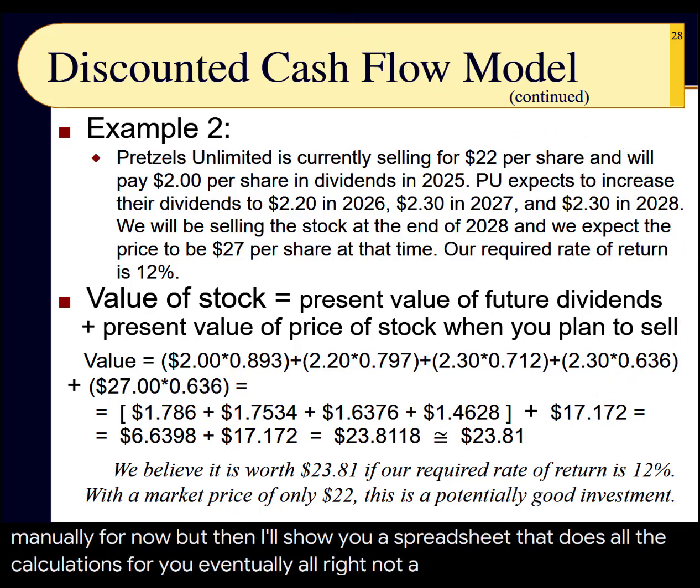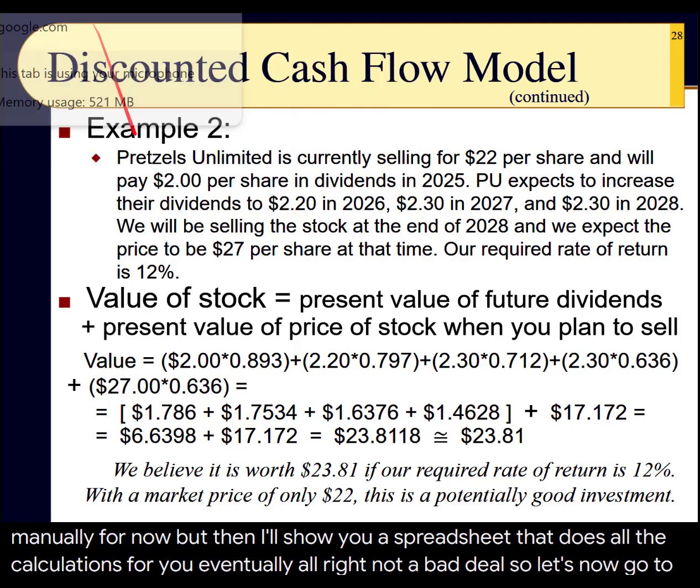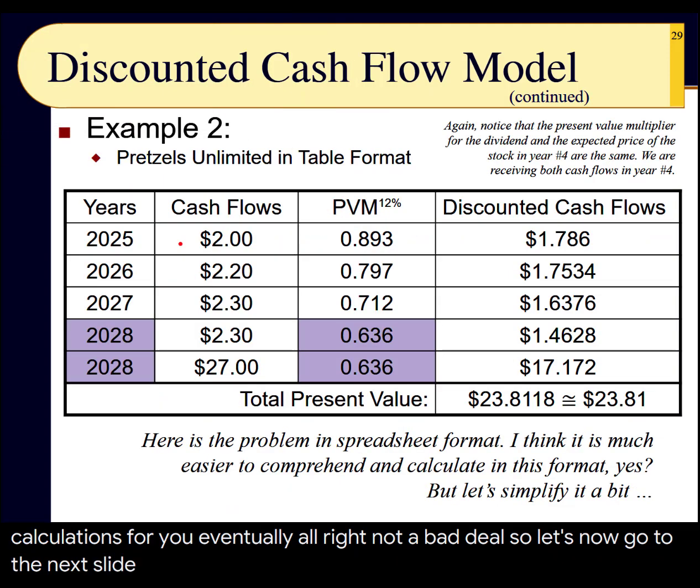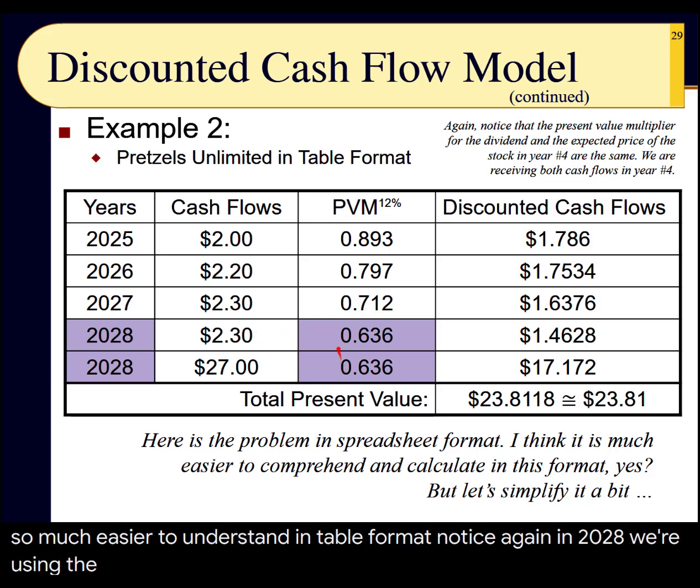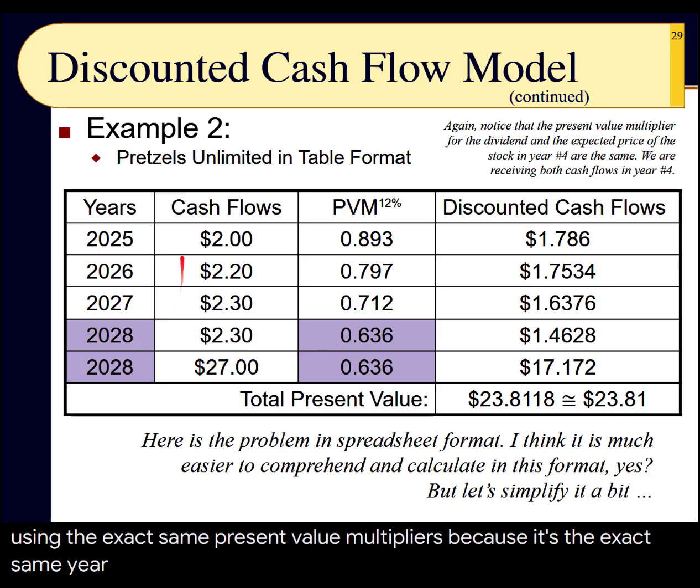Not a bad deal. So let's now go to the next slide and put it in a table format. And I just believe that it looks so much easier to understand in table format. Notice, again, in 2028, we're using the exact same present value multipliers because it's the exact same year. And then I think it's just easier to comprehend and calculate.